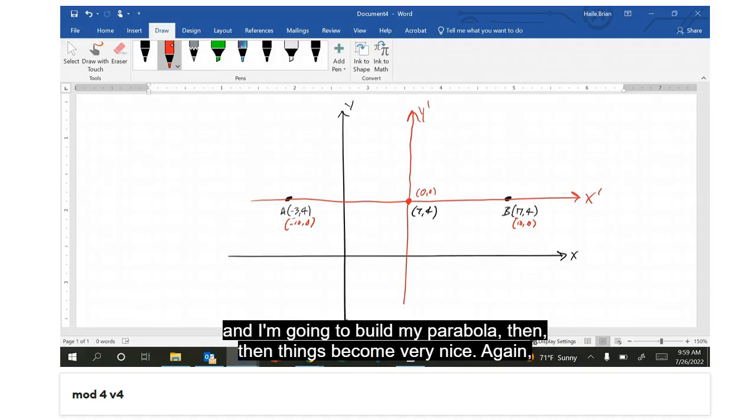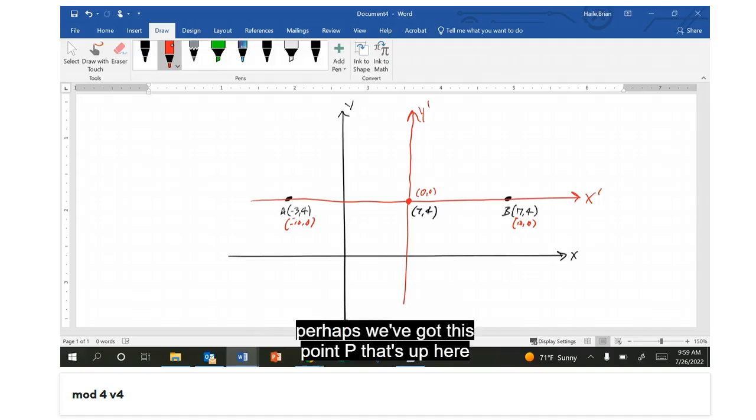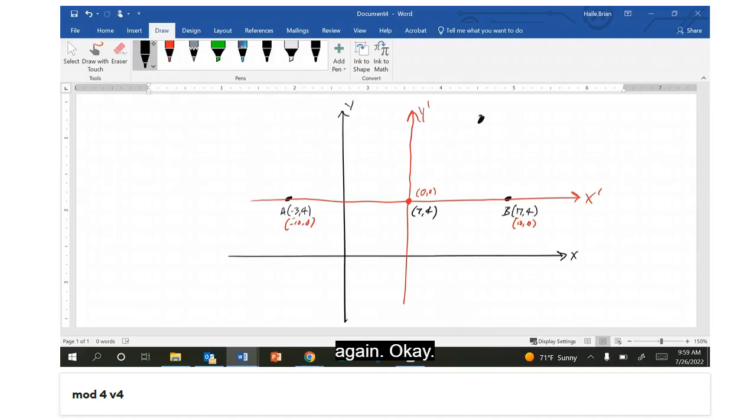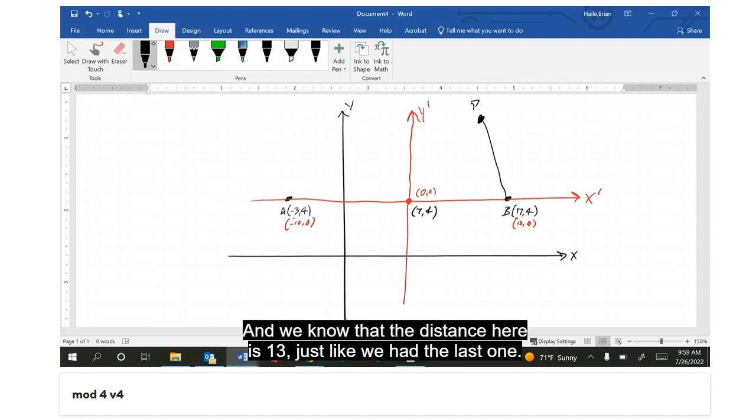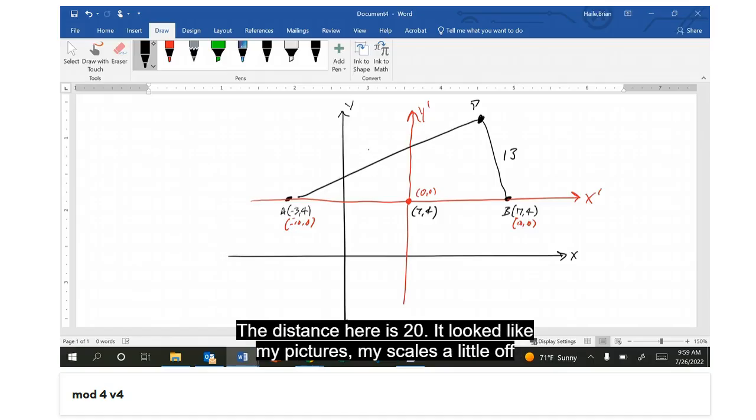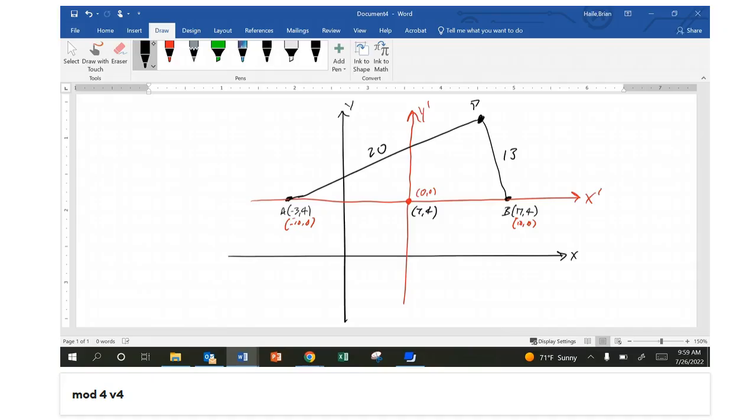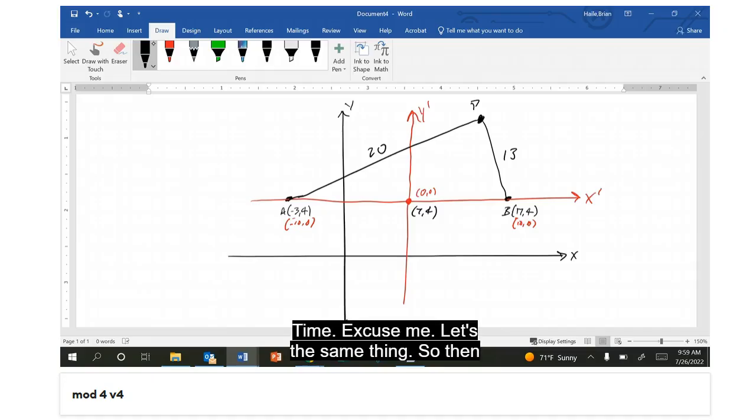Again, perhaps we've got this point P up here, and we know the distance here is 13, just like the last one. The distance here is 20. It looks like my scale's a little off this time, excuse me, but it's the same thing.